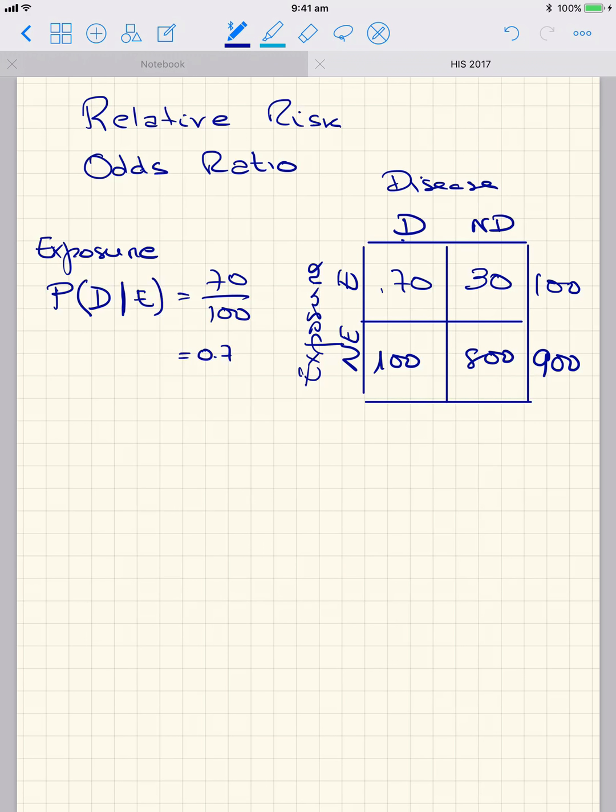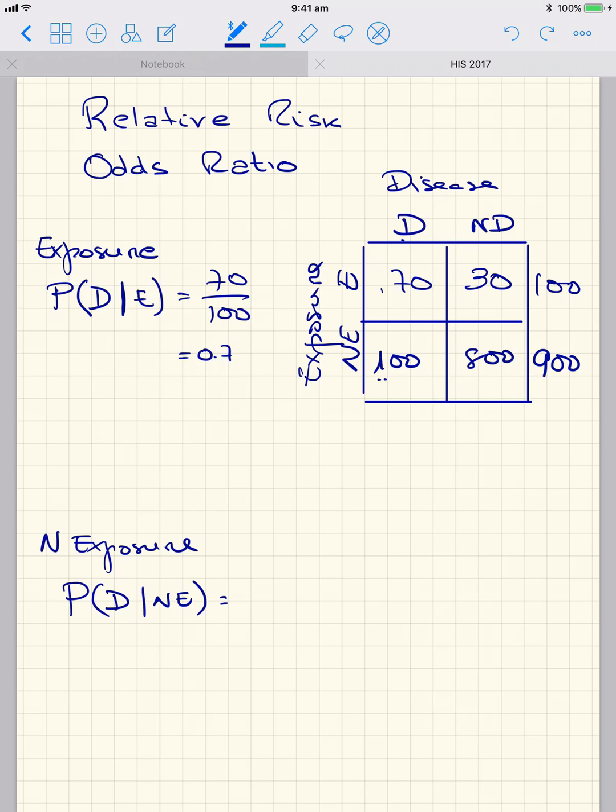We could do the same thing for the non-exposed individuals, and you should be able to calculate now that the probability of the disease among the non-exposed is, as you guessed, 100 individuals out of 900 individuals. So 100 individuals developed disease out of 900.